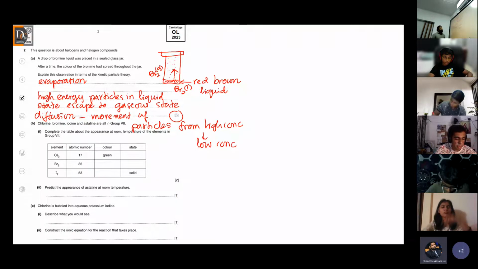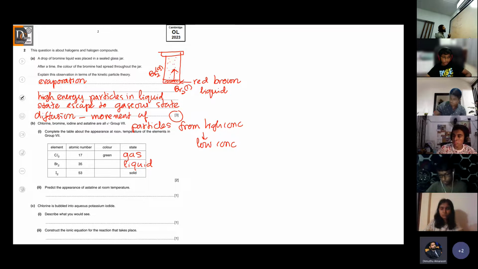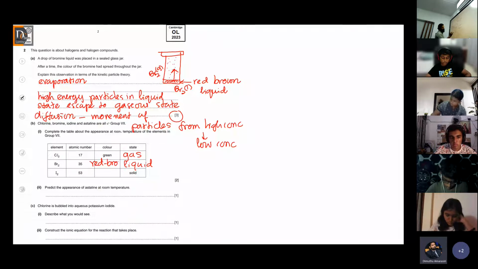All right, next one. Complete the table about the appearance at room temperature of the elements of the group. So you know that chlorine is a gas, bromine is a liquid, and bromine is red-brown. They haven't told that, no? Okay. Red-brown. And iodine, what's the color of iodine? Brick red? Black?